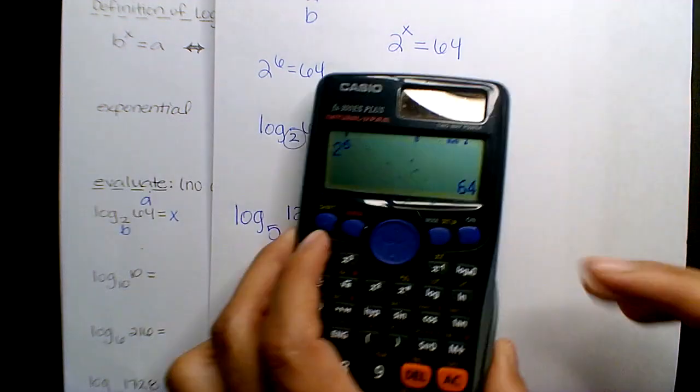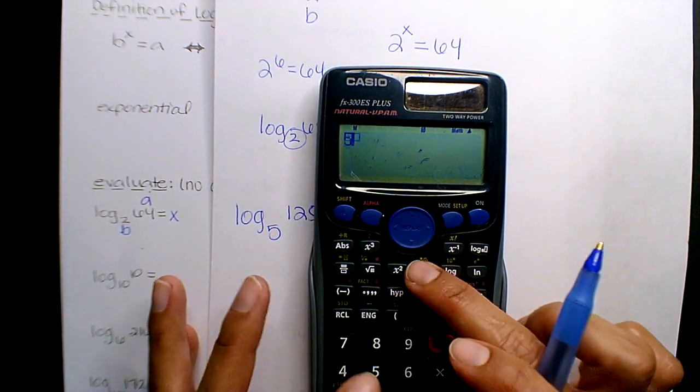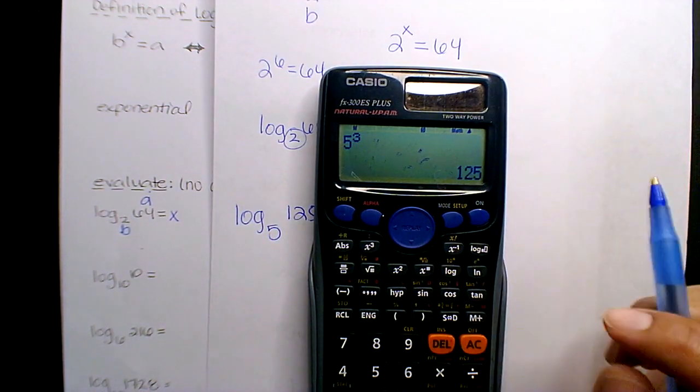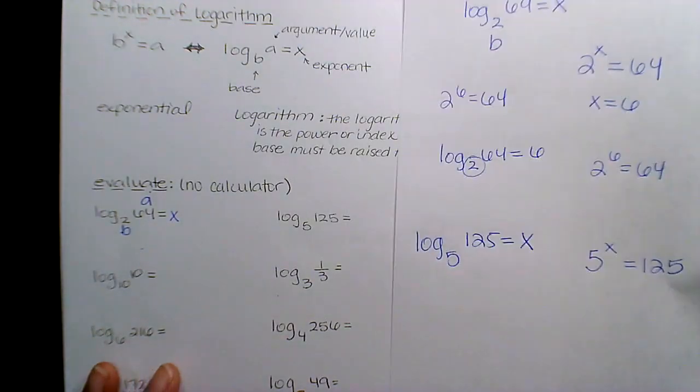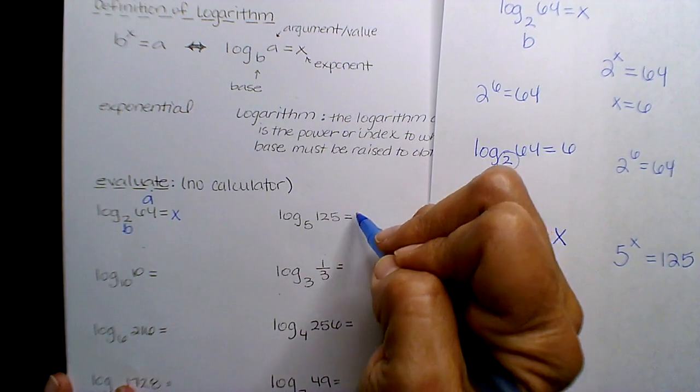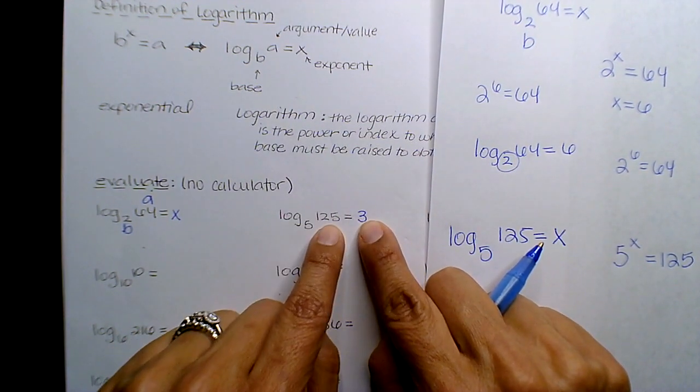Very good, because what's 5 times 5 times 5? 125. Or what's 5 to the third power? 125. So it's 3. 5 to this power should give me that value.